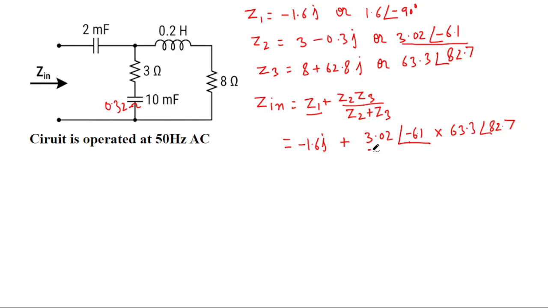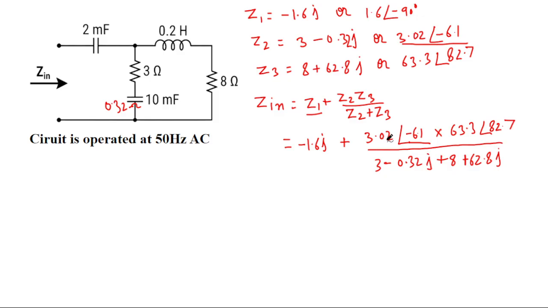In the denominator, because I have to add these two things, I would write in rectangular form. In the rectangular form, Z2 is given as 3 minus 0.32J ohm, and Z3 is 8 plus 62.8J. Why have I written this in both the rectangular form and the polar form?